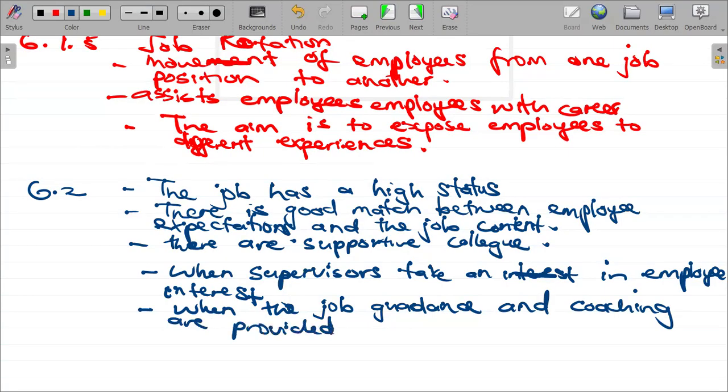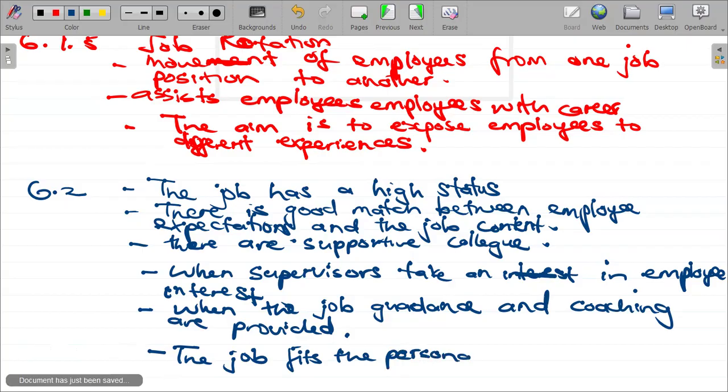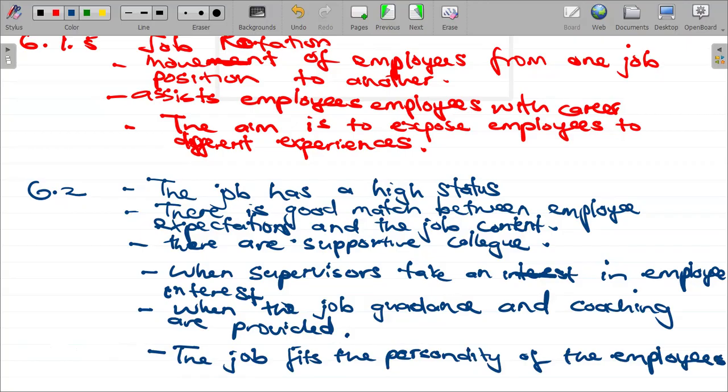And lastly, when the job fits the personality of the employee, when the job meets the personality of the employee.